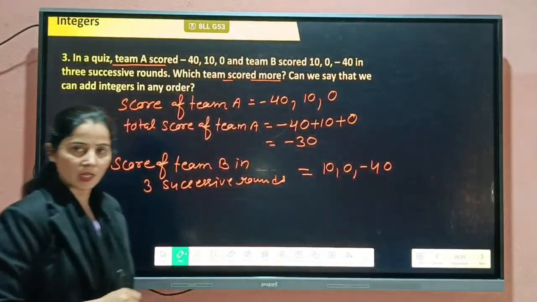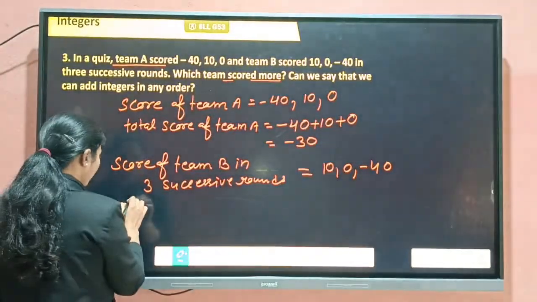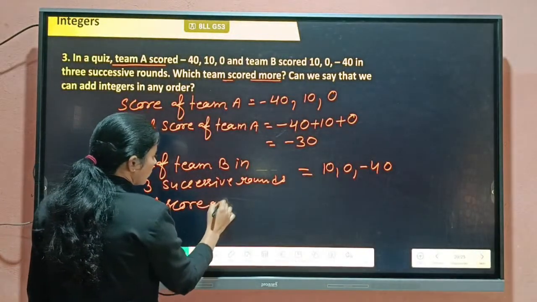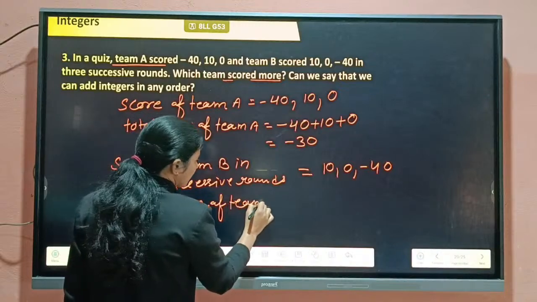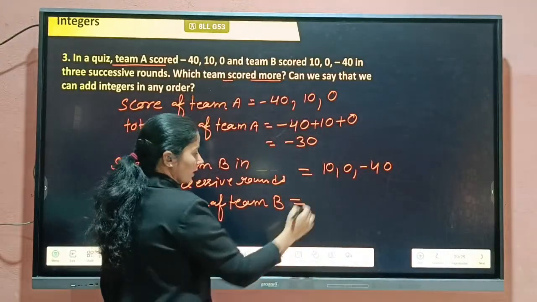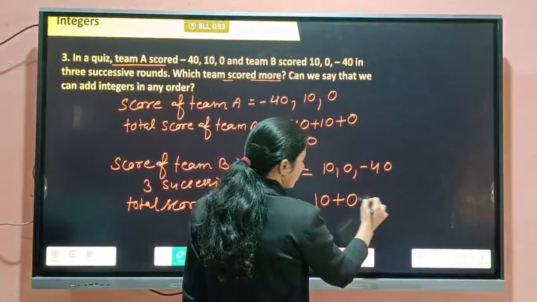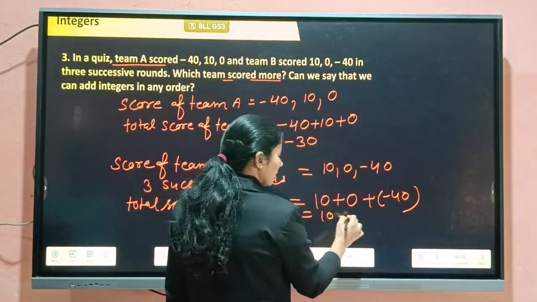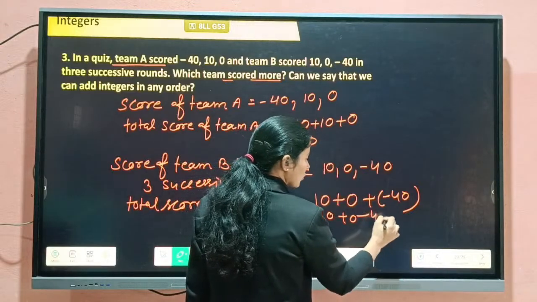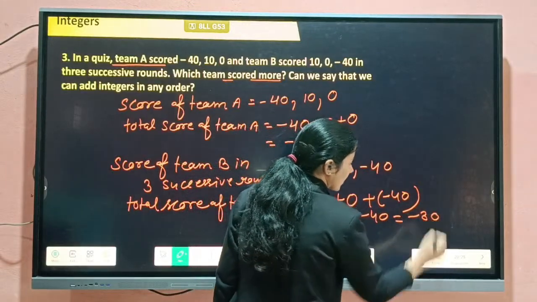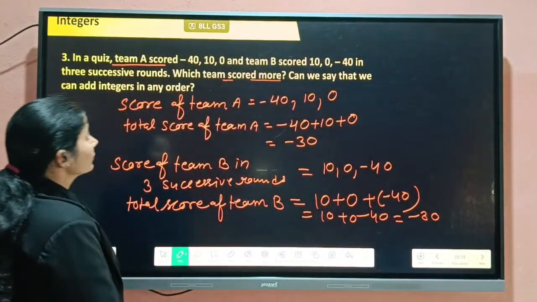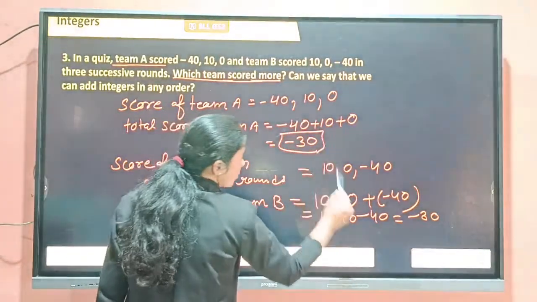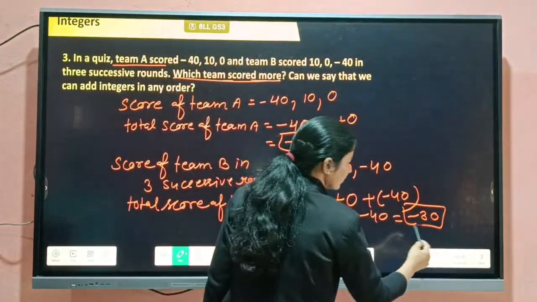Now I need to find the total score of team B. It will be 10 plus 0 plus minus 40, which gives us minus 30. So which team scored more? Both teams scored the same score.